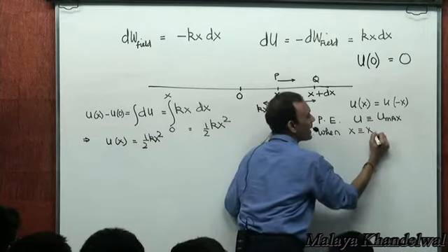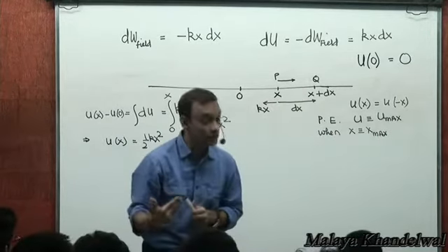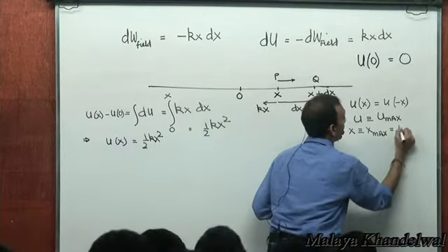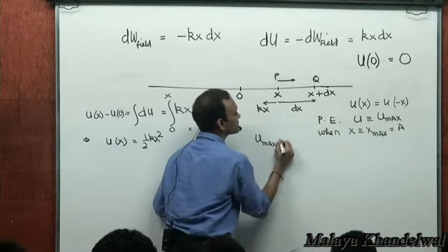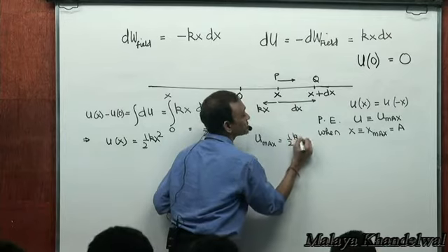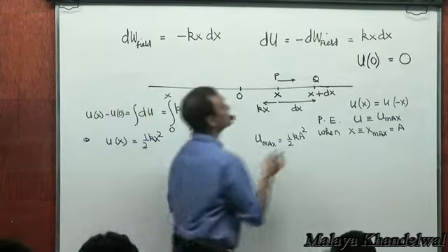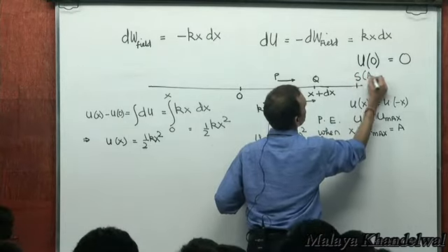When x is x max, what is the maximum value of x? The amplitude A. The maximum x is the amplitude of motion A. Therefore, U max is half kA squared, and that happens at the extreme S where x is A.